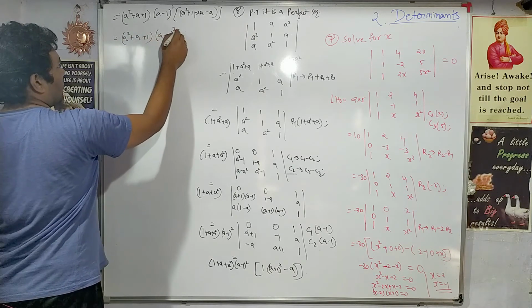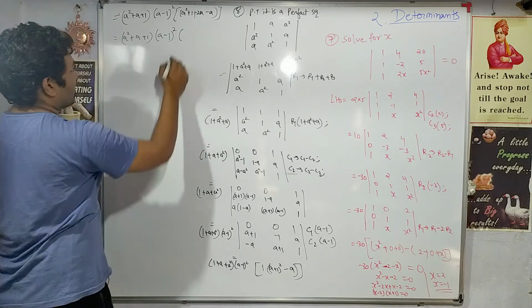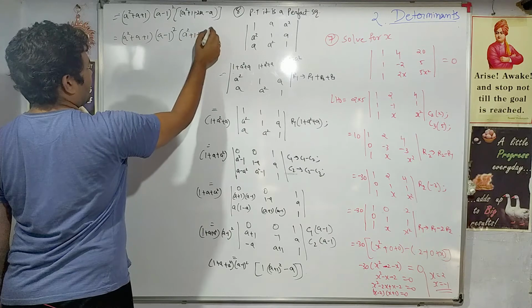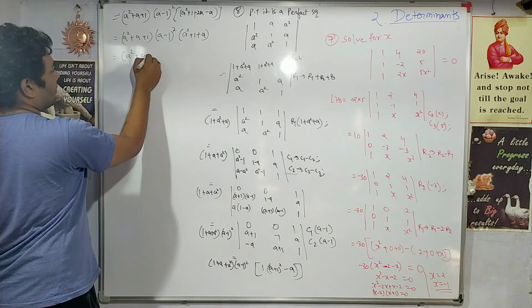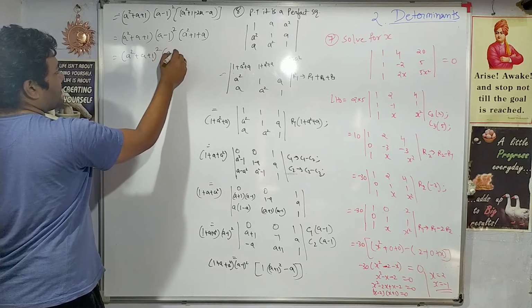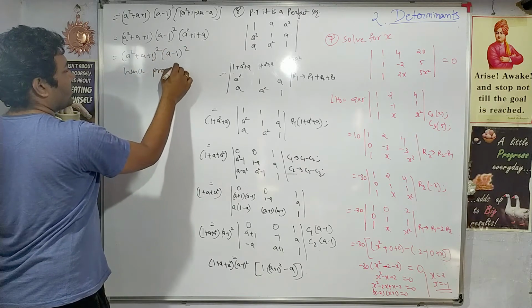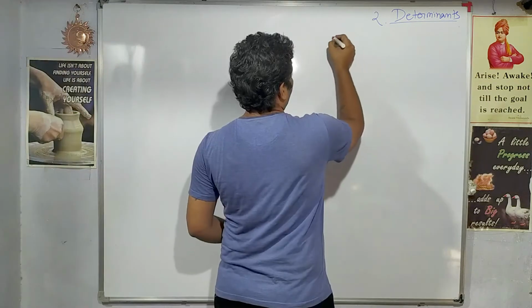Correct? So these two will make a perfect square again, and this is also a perfect square. Hence we proved that this determinant is a perfect square.